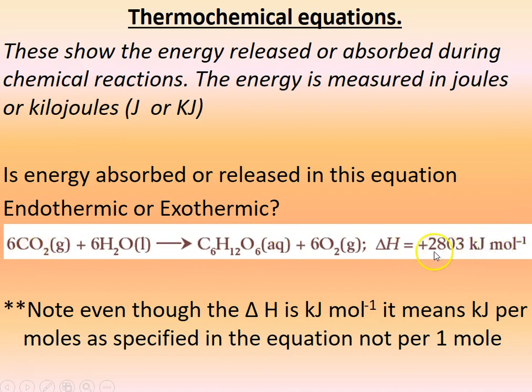It means this is the amount of energy for however this equation is written. So in this case, you've got 6 carbon dioxide molecules and 6 water molecules. If you had 6 moles of this, 6 moles of that, you would take in that amount of energy. Okay, so just ignore that per mole. In this case, this is for 6 moles.